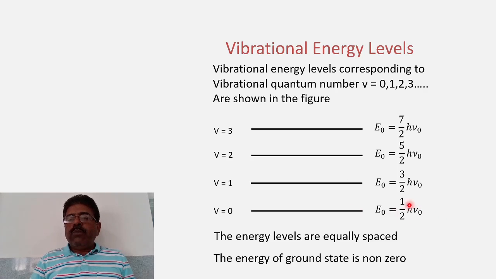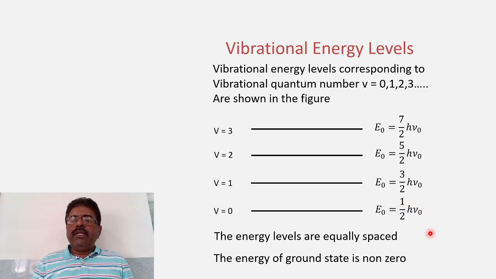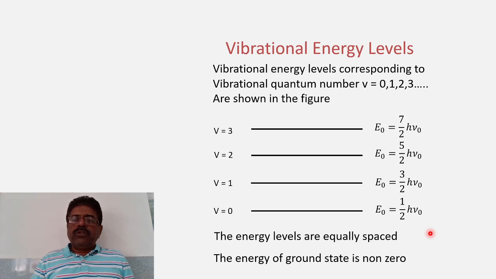Then one more important difference you can see here, if you recall the study of rotational energy levels. At that time we have seen that for the rotational quantum number 0, the ground state energy was also 0. Rotational ground state energy of a rigid diatomic molecule was 0.